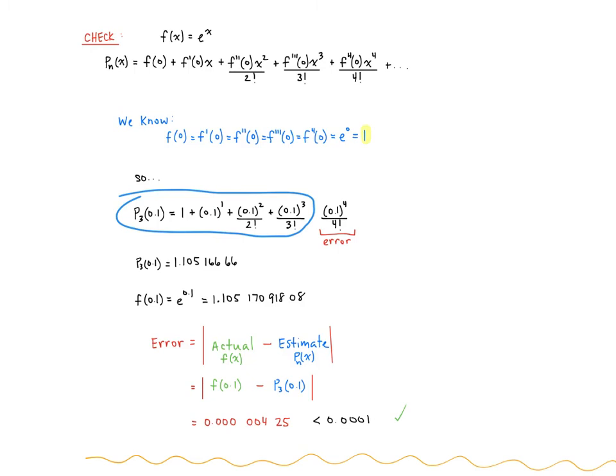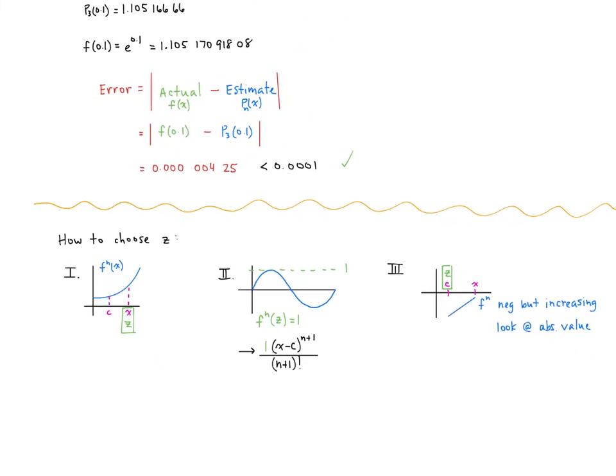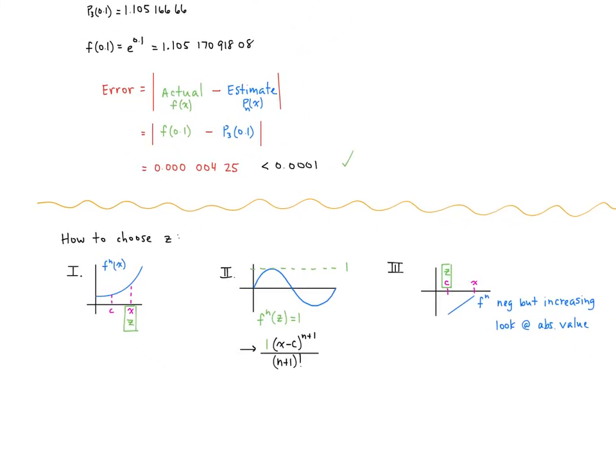The last thing I want to talk about is how do we choose that z value? There are going to be 3 scenarios here. The first scenario is where our nth derivative is going to be increasing. If it's increasing and we're centered at c and we have our x value, our z will always be this x value, because on that interval, that's the highest value.